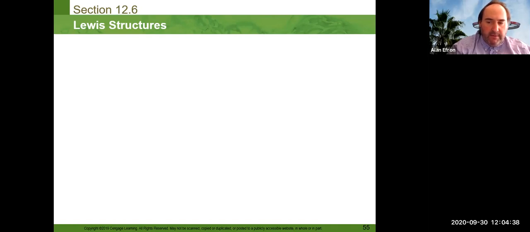Okay, so we started talking about how to draw Lewis structures for covalent compounds. I went through the steps you want to follow, and you really do want to follow those steps. It usually will lead you to, I won't say 100% of the time, the perfect structure, but for most chemistry classes it usually leads to a pretty good Lewis structure.